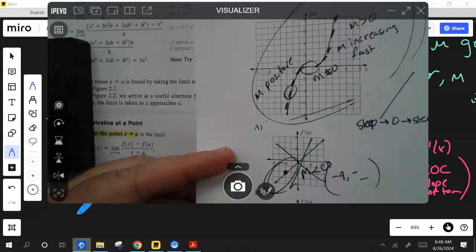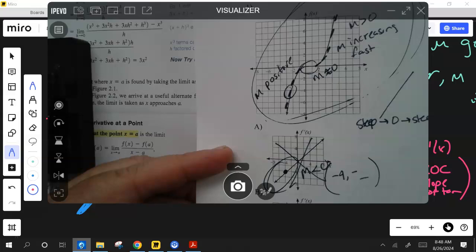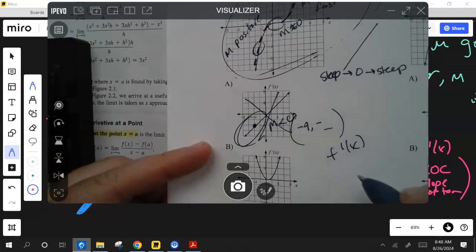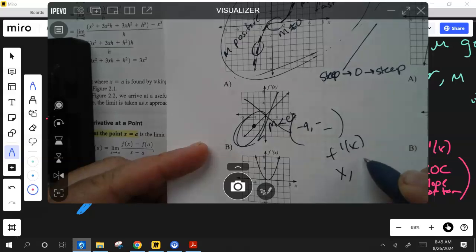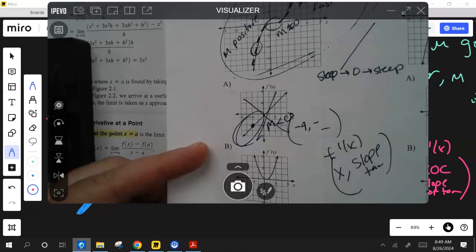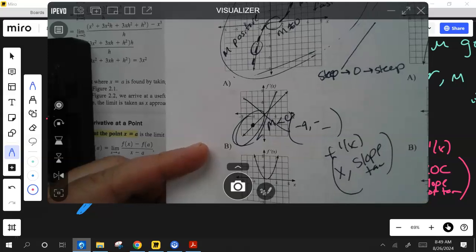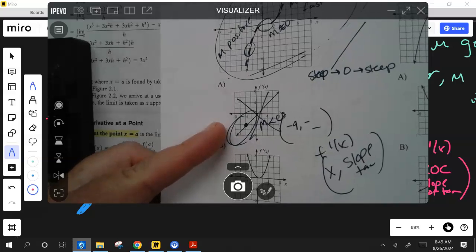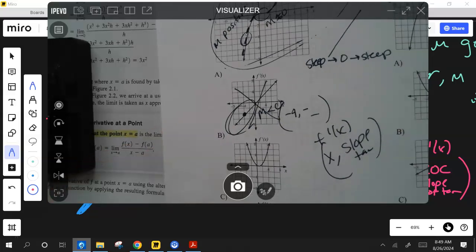These are derivatives I'm looking at, and for a derivative, it's x value, and then it is slope of tan line. I am graphing the slope of the tan line. So A cannot be it. Do we see why? Not really. Okay.